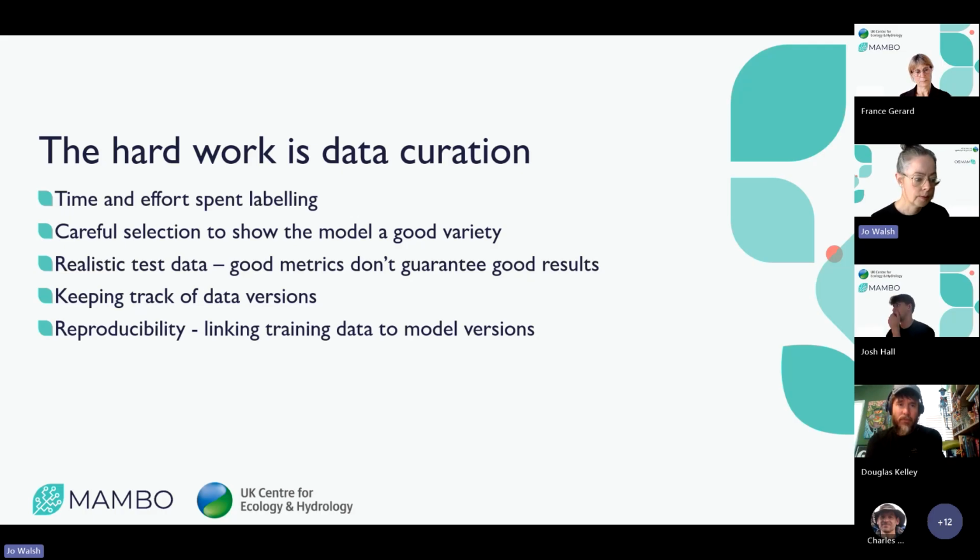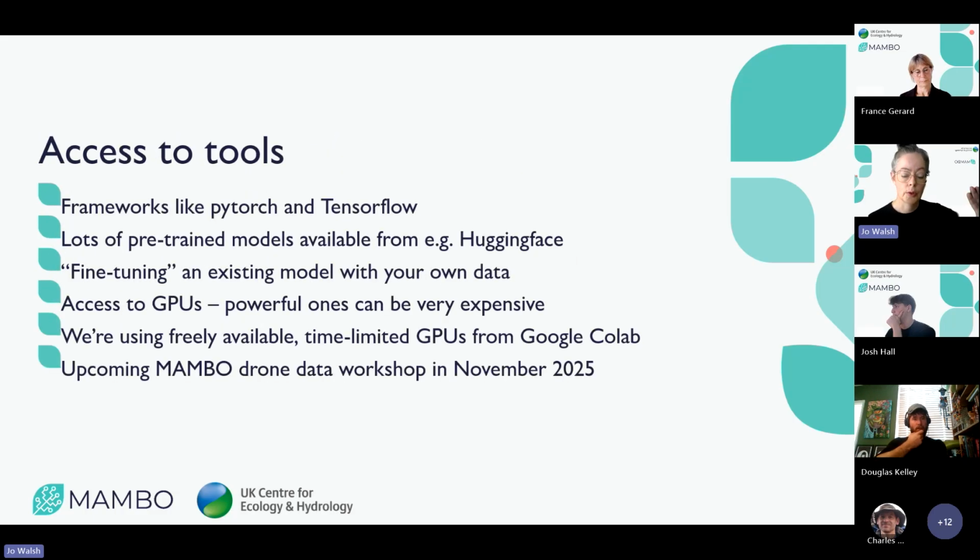And while we're preparing, curating our training data, we're managing it as well as we can, keeping track of versions of training data that we create, and keeping our experiments reproducible so that when we're retraining, fine-tuning models, we're able to link back to exactly the data that was used.